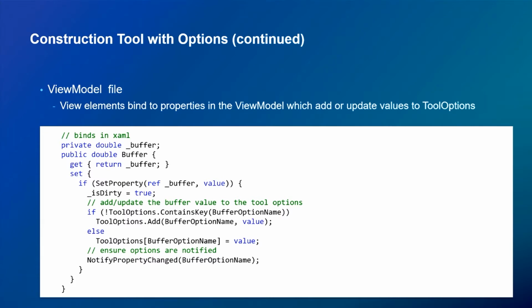In this case, the example here is that we're setting the buffer, or the radius in our case. We're flagging it as dirty. If it doesn't exist yet in our tool options collection, we add it in there. Otherwise, we update the value.